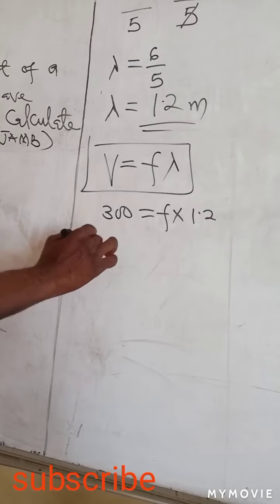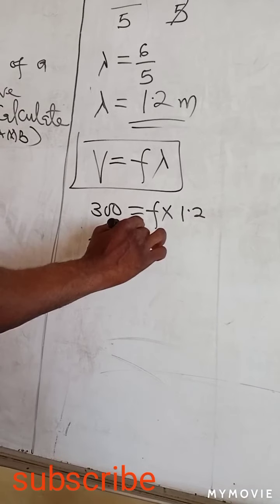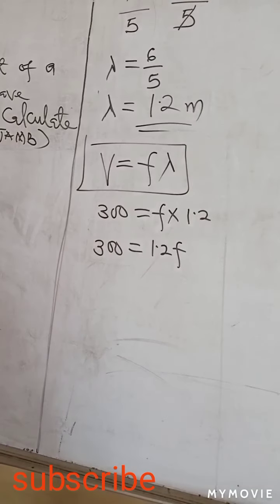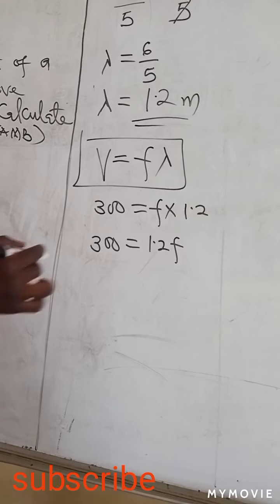From there, 300 equals 1.2 f. Divide both sides by the coefficient of f.